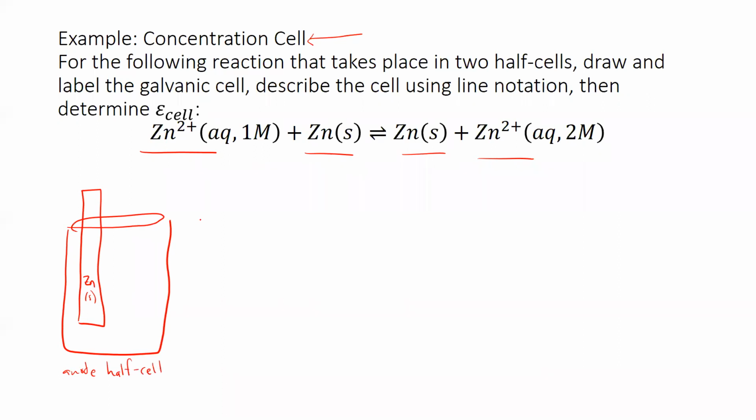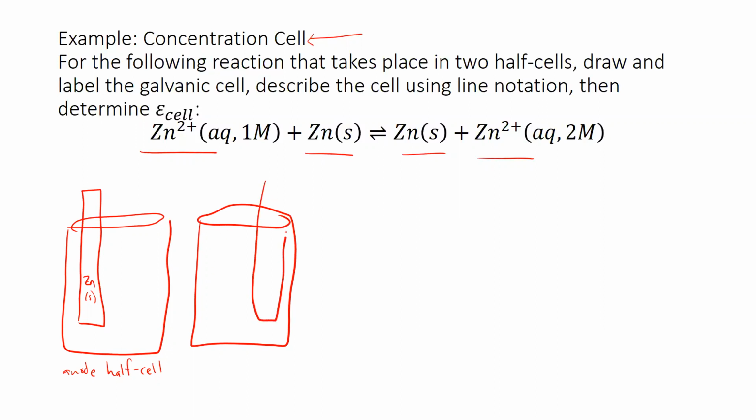Of course, you've got your cathode compartment as well, with your cathode, which is also zinc in this case. Dissolved in the solution, we would have zinc 2+ for both of them.